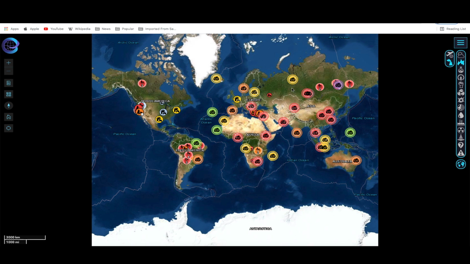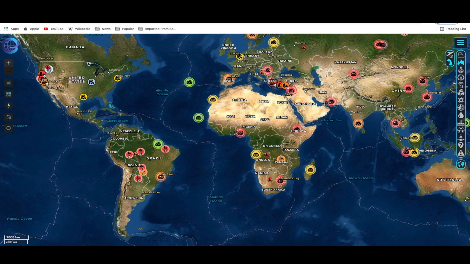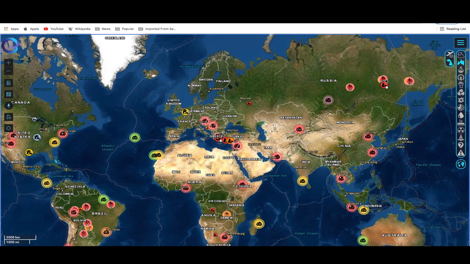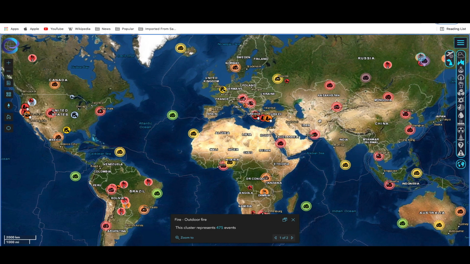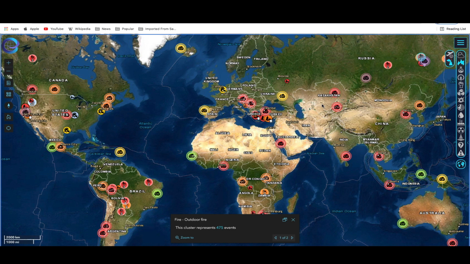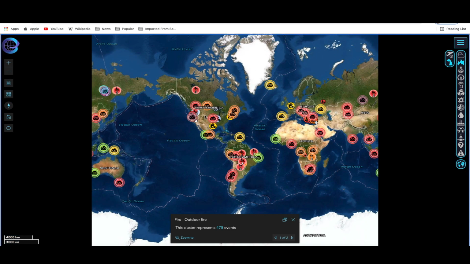Right now, what I have listed on here are just wildfires and air quality conditions, and there's too many wildfires to even count. There's over 475 right here in this one area up here in eastern Siberia. Cluster represents 475 events just right there, and growing. I mean, it's getting bigger and bigger as we move forward in time.